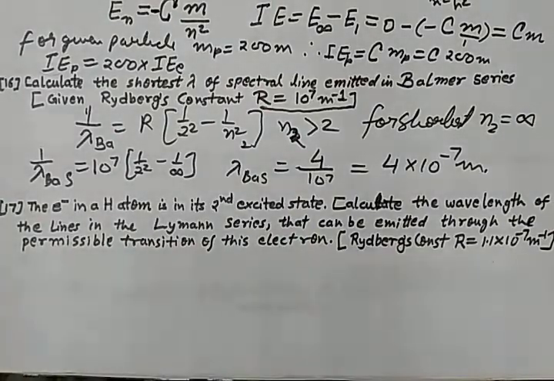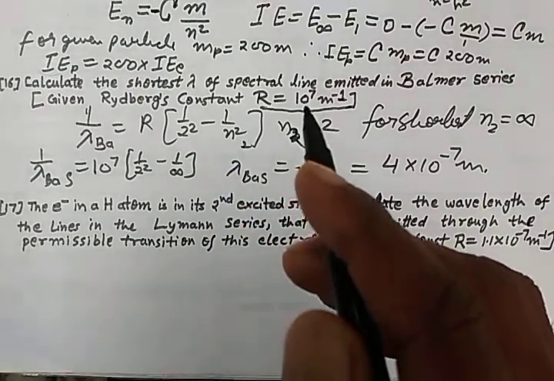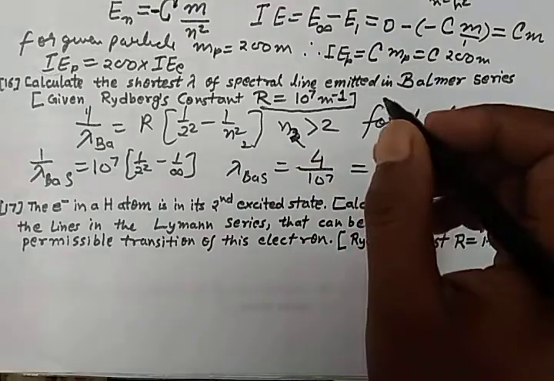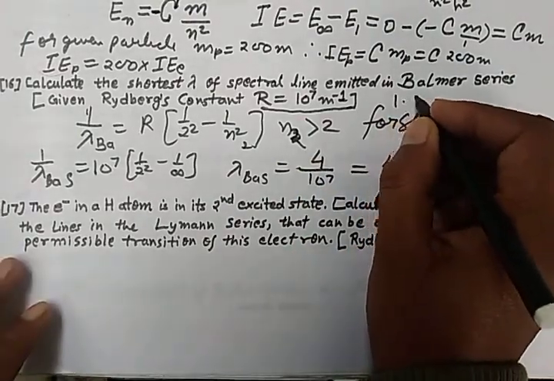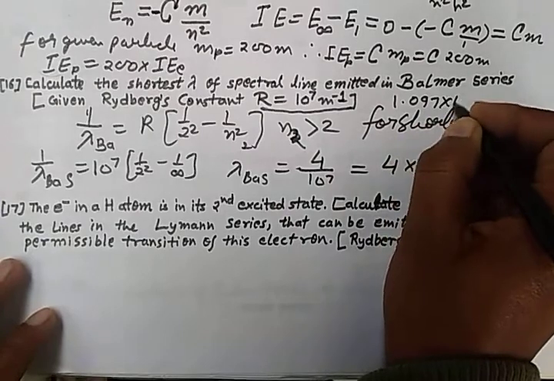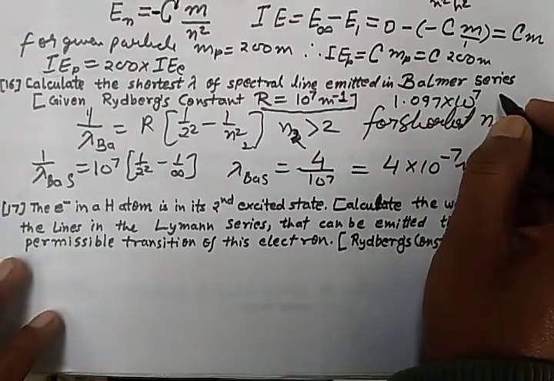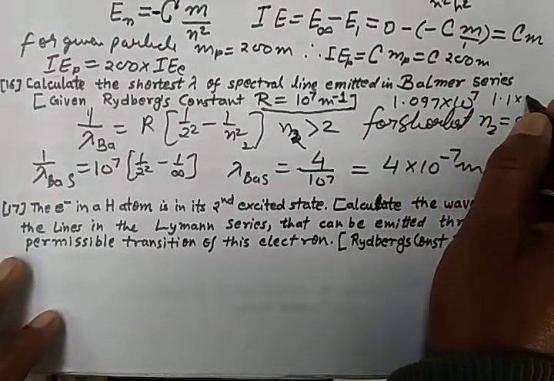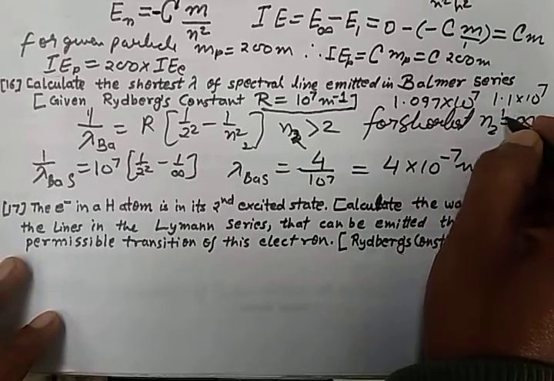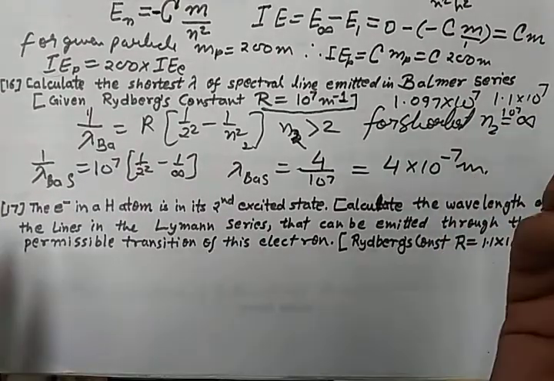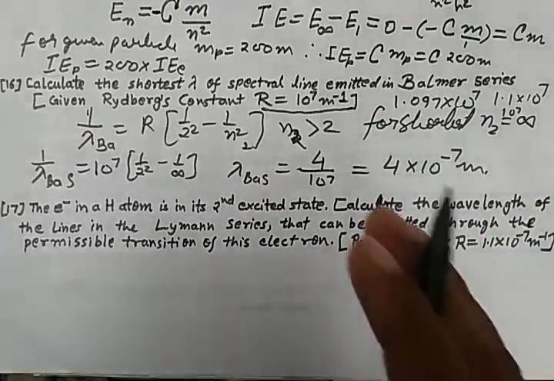Keep in mind that most of the time R is given, and its accurate value is 1.097 into 10 to the power 7. They can give it like 1.1 into 10 to the power 7, or like 10 to the power 7. Whatever it is, you have to put the value accordingly.